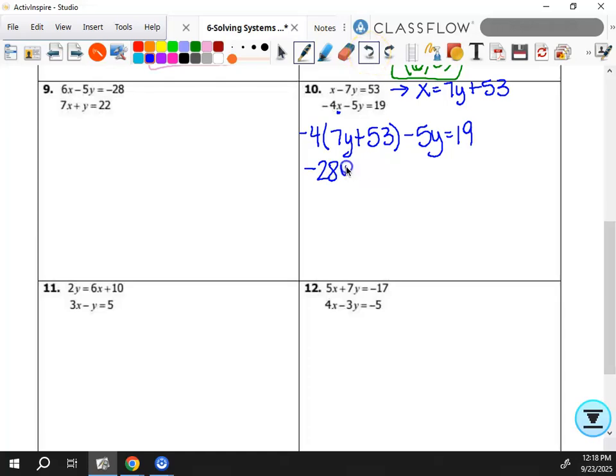Don't forget your variables, y, and then that's actually minus 212 minus 5y equals 19. So I'm going to combine my like terms, a -28y and a -5y, -33y, good. And then I'm going to go ahead and add that 212, so that'll give me 233, I think.